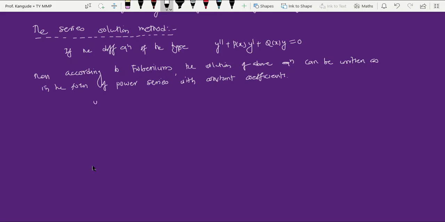Now look at this power series. For this differential equation in y, the solution will be y is equal to a0 plus a1 into (x minus x0) plus a2 into (x minus x0) squared plus a3 into (x minus x0) cubed, and higher order terms. This bracket gets completed, multiplied by (x minus x0) raised to k.